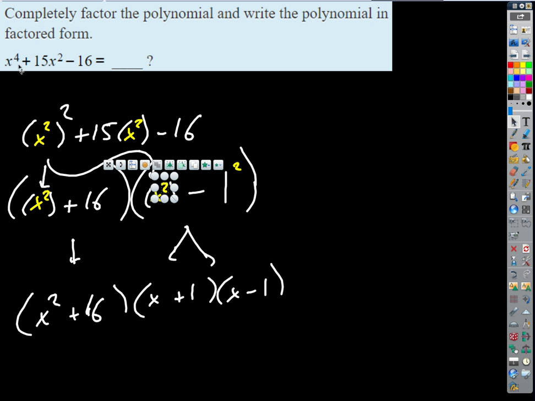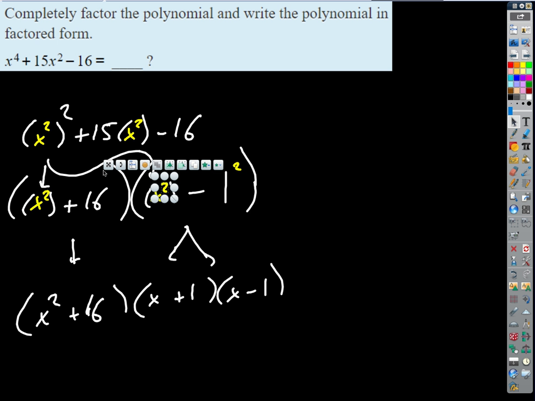X to the fourth, right? There's my x to the fourth. And if I distribute here, I'd get a minus 1x squared and a plus 16x squared adds up to a 15x squared. And then 16 times negative 1 is my negative 16, right? So that's the trick. We're still using magic numbers. We just have to package this so it looks like it's a quadratic expression, right?